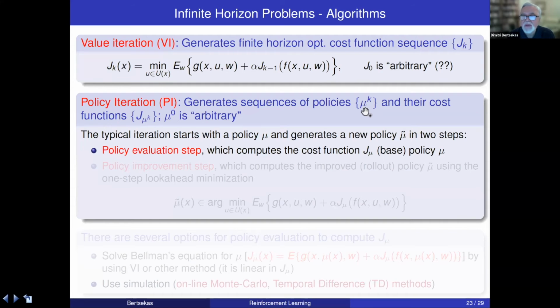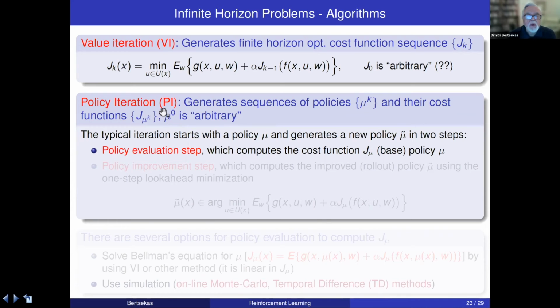They are policies, and the kth policy in this sequence is denoted by mu superscript k. And it also generates the cost functions of those policies, starting with some more or less arbitrary policy. And the main result here is that the J mu k's converge to J star. You get the optimal policy in the limit.